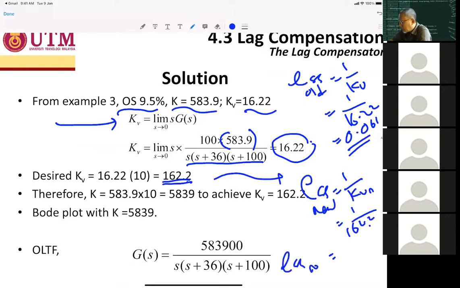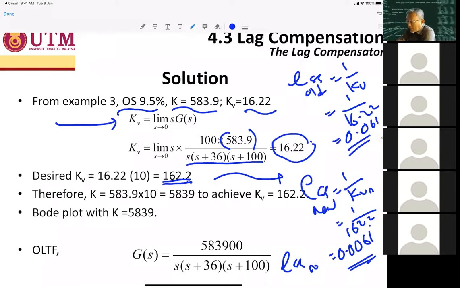ESS new is 1 over 162.2. I got 6.16 times 10 to the power negative 3, meaning 0.00616. So you can see that the previous steady state error is 0.0616 and the targeted is 0.00616, meaning that the error becomes smaller. You compare the old one and the new one. So now we are working on the new one.